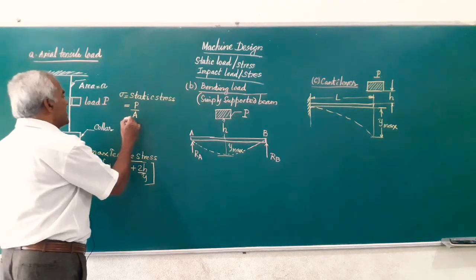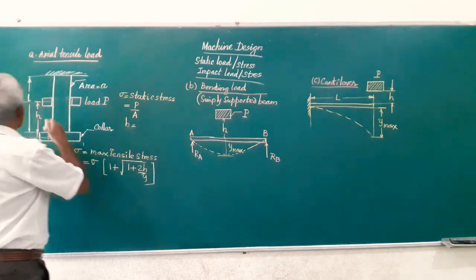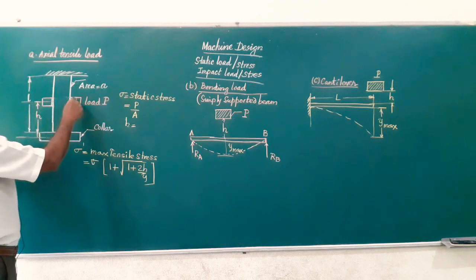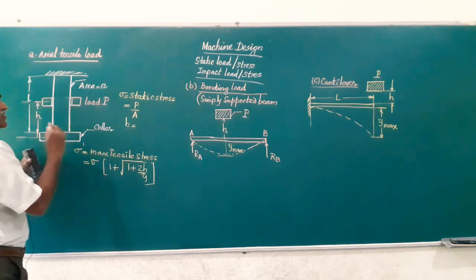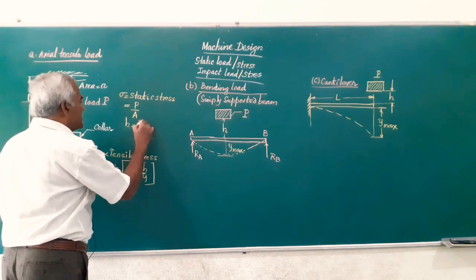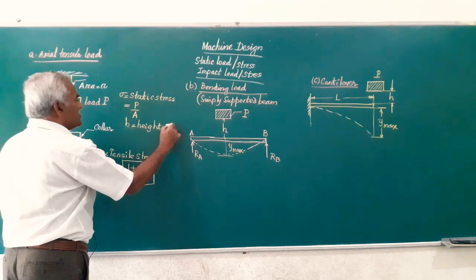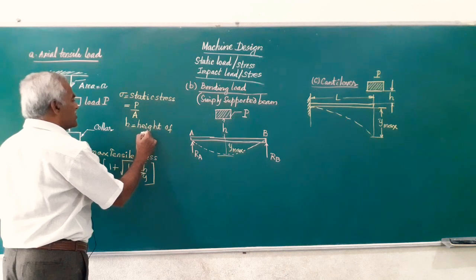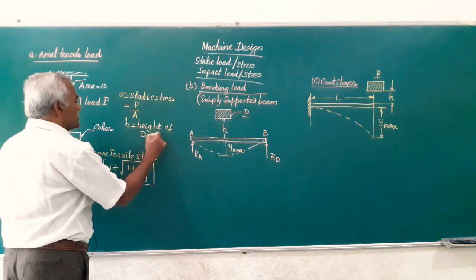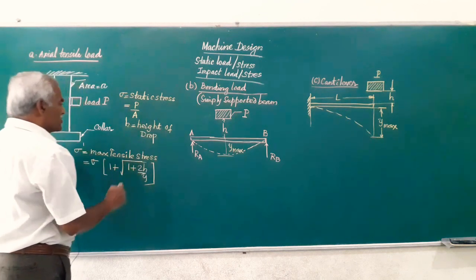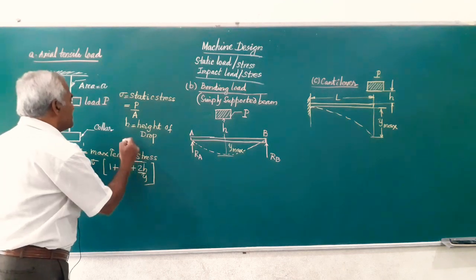So, what is this height h? h is the height of drop, or the height from which the load is dropped onto this collar. And this y is the static deflection.